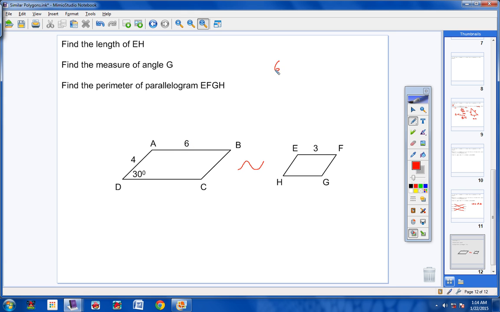So I'm going to say 6 over 3 equals, now they want us to find the length of EH. Now this side here corresponds with this side here. No, not at all. This side here corresponds with this side here, which is 4. So I could say 6 over 3 corresponding sides equals 4 over EH.